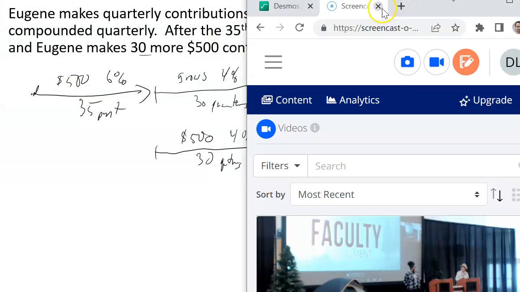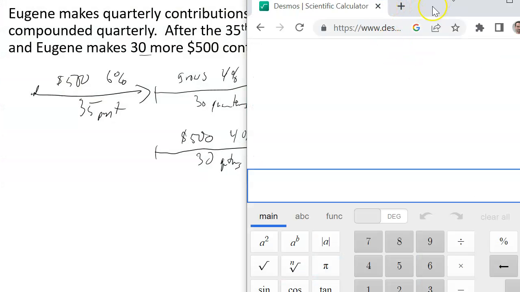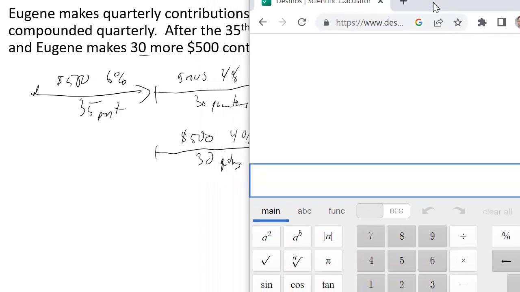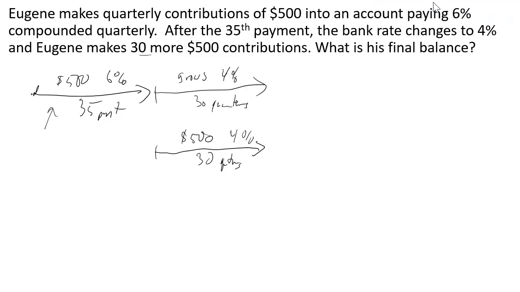So I'm going to pull up a calculator here. And our first chunk of money is, again, $500 contributions at 6% for 35 payments. Now this chunk here is a savings annuity, pardon my horrible handwriting.